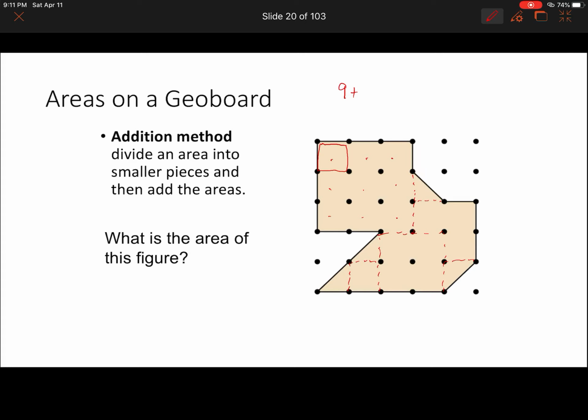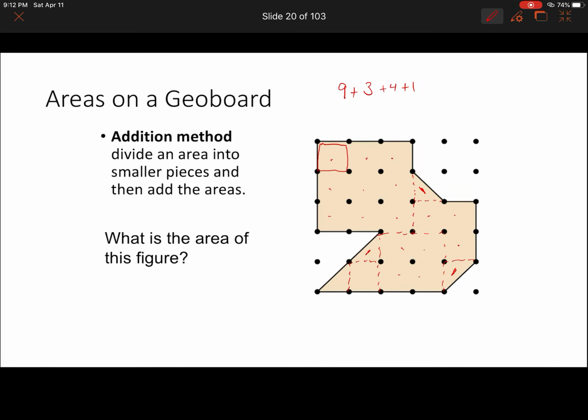And then you could add 1, 2, 3 in this piece. And then you have 1, 2, 3, 4 in this next square. And then you have some halves. So you've got this half and this half, that's another 1.